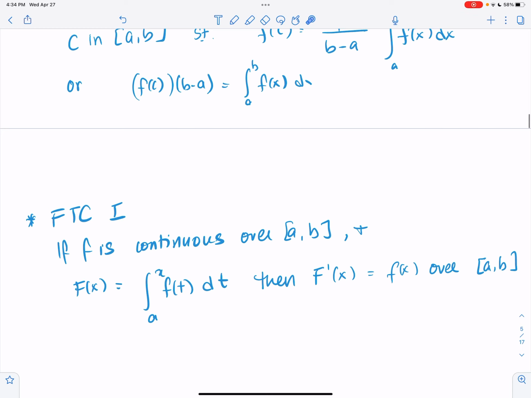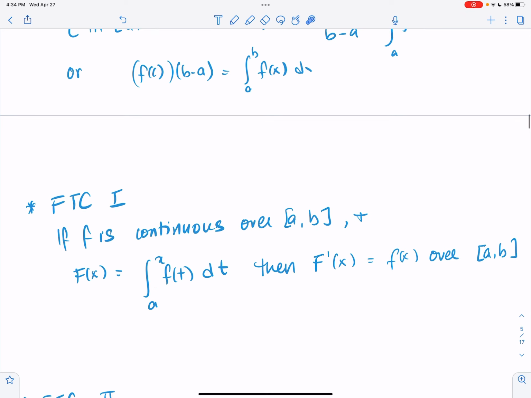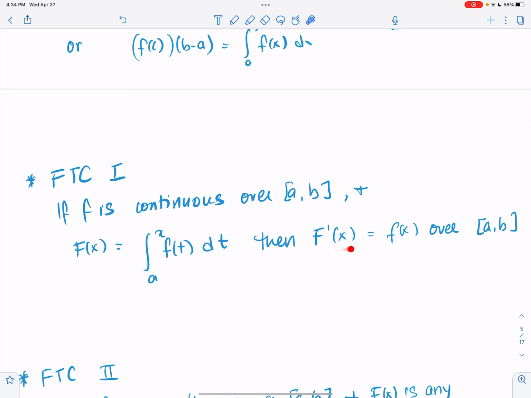Okay? So if f is continuous, you create this function based on that little f from taking the definite integral from a to x. Call that capital F of x. This function, capital F of x, is differentiable, and its derivative equals the value of the function, little f at x, over a, b. Okay, so of course you also have that F prime is also going to be continuous.